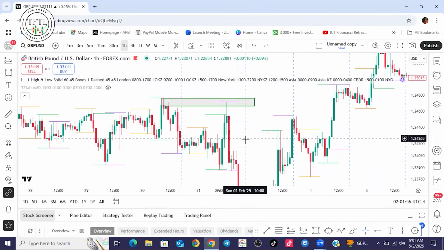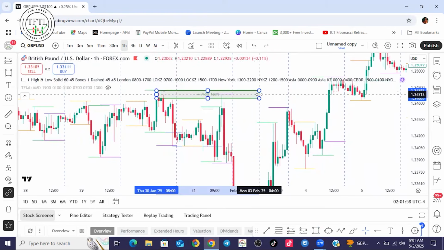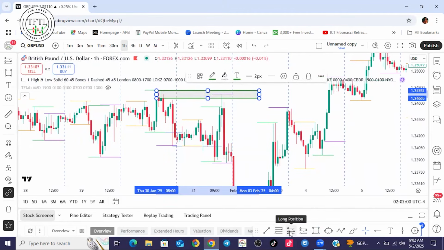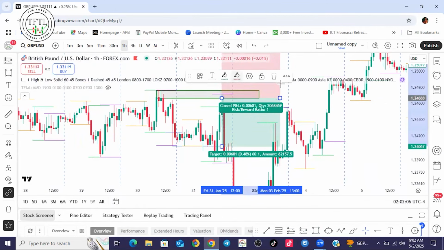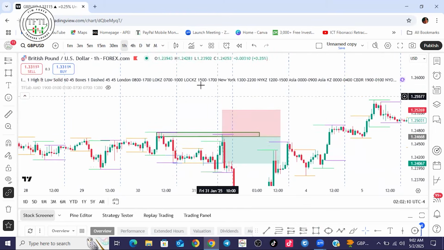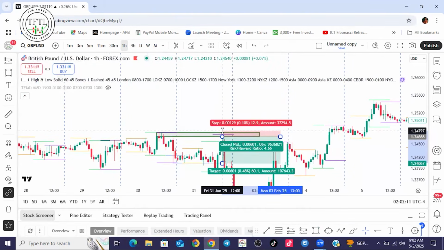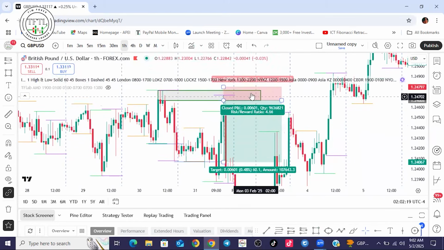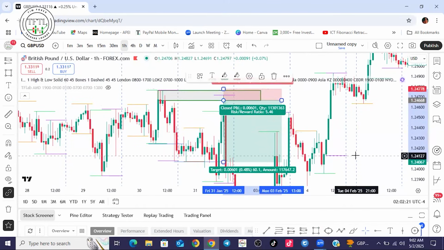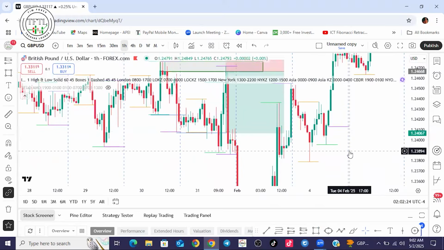So there we have a bearish rejection block. We're going to take that trade, like that. Then we have our stop loss slightly above the zone. Here, how are we going to eyeball our targets?